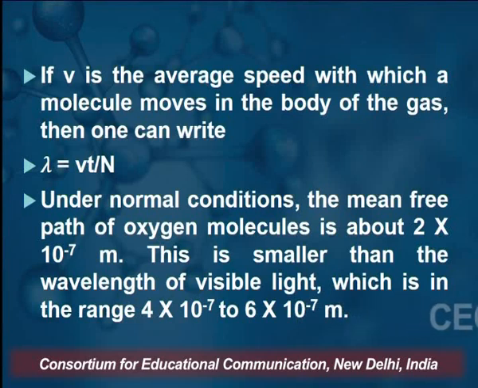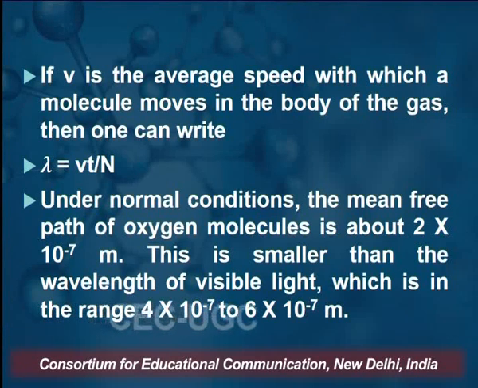If v is the average speed with which a molecule moves in the body of the gas, then we can write lambda as vt by n. Here we have used the simple expression velocity is equal to distance over time, so distance is velocity into time.